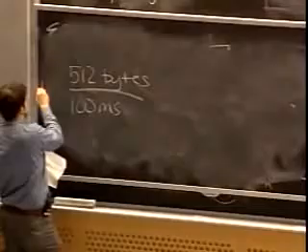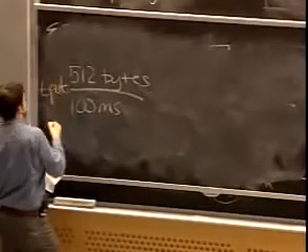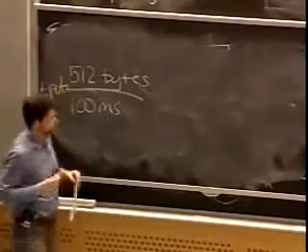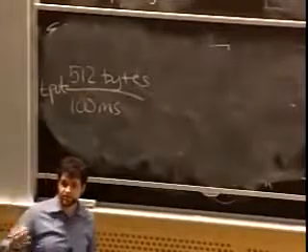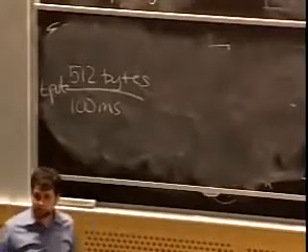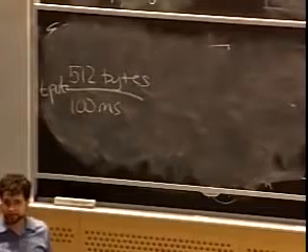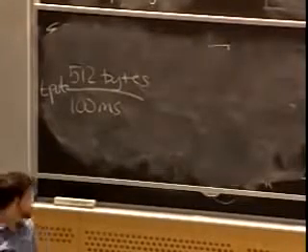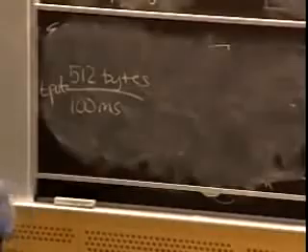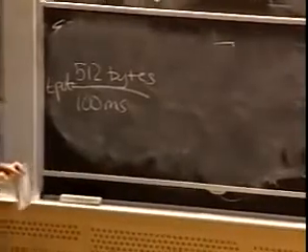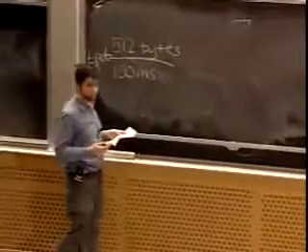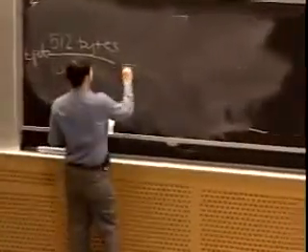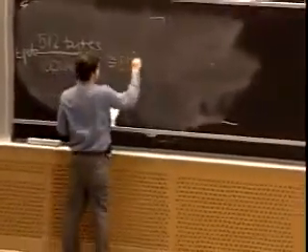Well, the maximum throughput of this network is going to be limited by this number, 512 bytes divided by 100 milliseconds, right? The round trip time is 100 milliseconds, and so we have to wait 100 milliseconds between each transmission of messages. If the size of a message is 512 bytes, then we're going to be able to send 10 of these messages per second. So we're going to send approximately 50 kilobits per second.